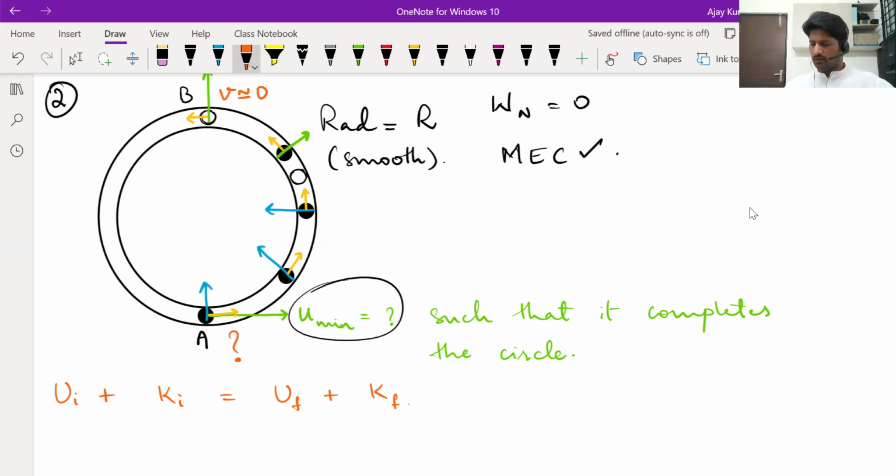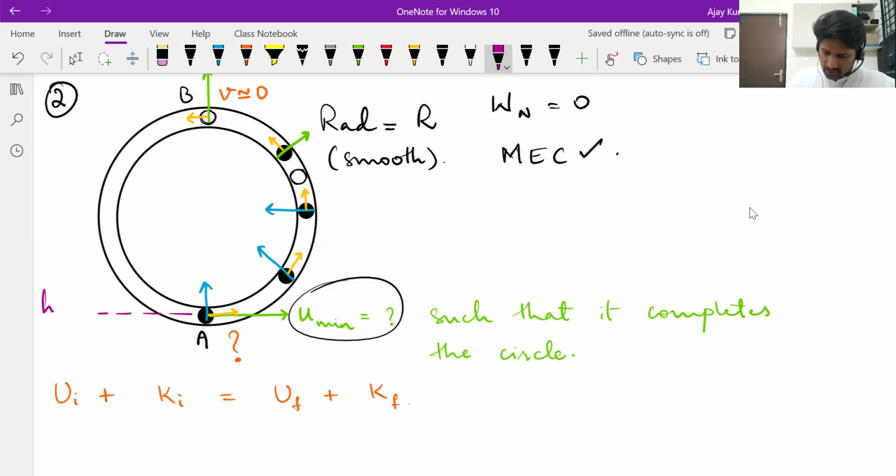There's no spring involved here. What is the formula for gravitational potential energy? mgh. So did you assign heights? Where did you take the 0 height as? The point A. Okay, at point A, you are assuming the height is 0.